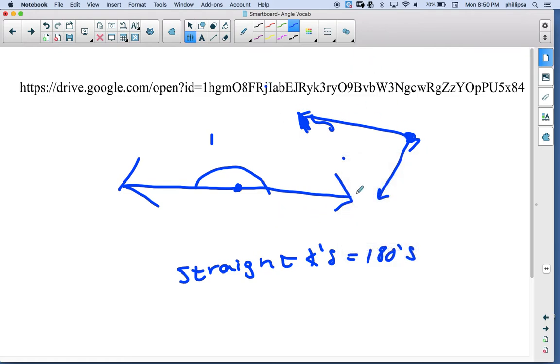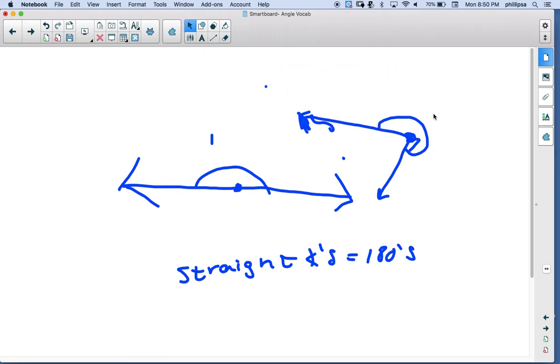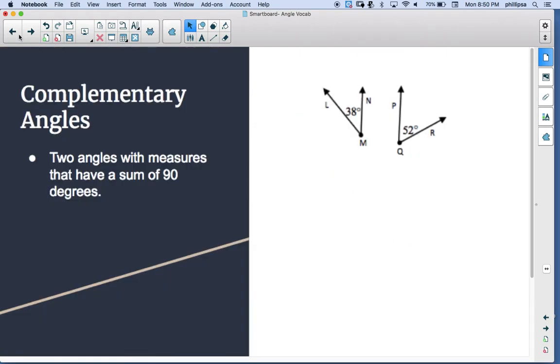So you would show it by doing the outside. And anything that is over 180 would be known as a reflex angle, something that we probably will never mention again in this course. Okay, so let's talk about complementary angles.